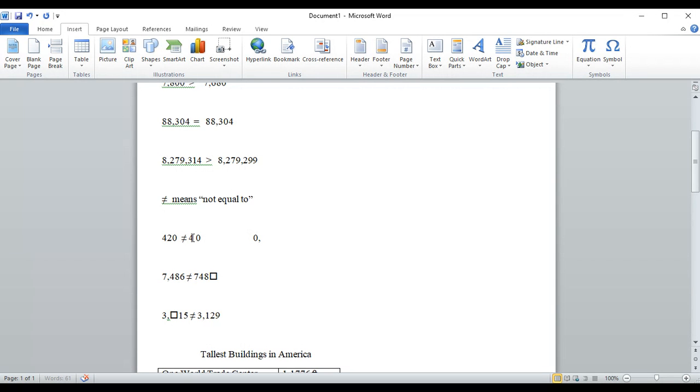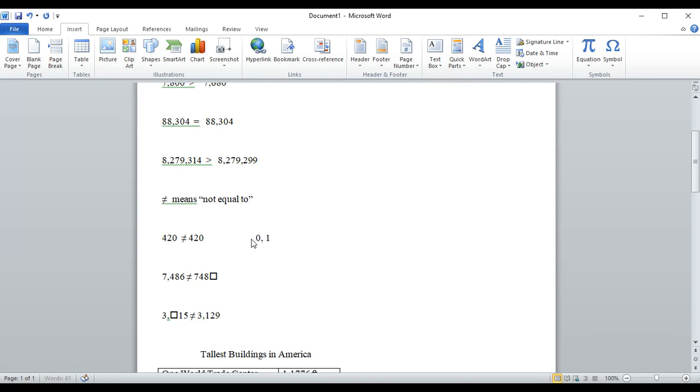I have to keep going. Will 1 fit in there? 420 is not equal to 410. That's also true. So I can put a 1 over here as well, because that would have fit into the box. Now I have to ask myself, I like to start at the beginning with 0, just go through all the single digits up to 9.